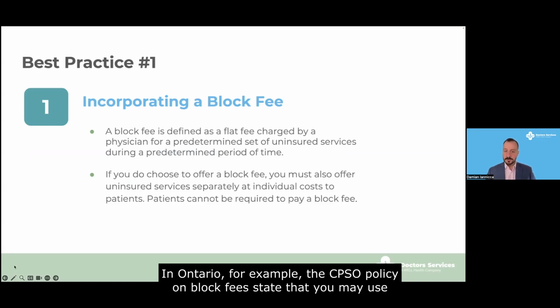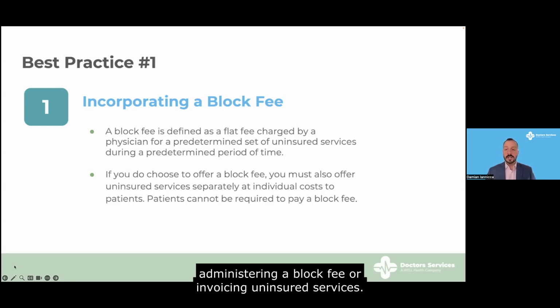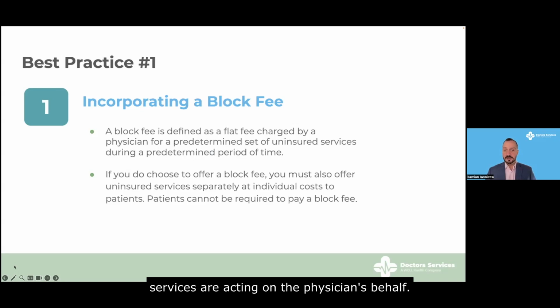In Ontario, for example, the CPSO policy on block fees states that you may use third-party companies, such as us at Doctor Services Group, to assist in administering a block fee or invoicing uninsured services. Third parties who are asked to administer block fees or payments for uninsured services are acting on the physician's behalf.